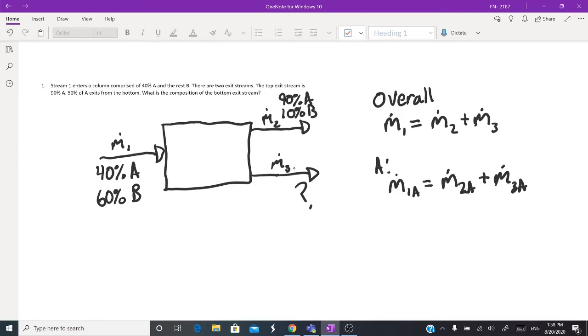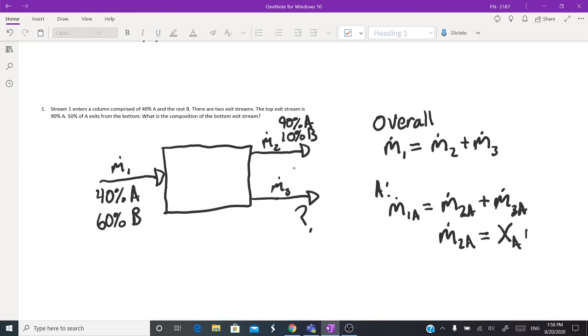And these can be written differently. M2A is the same as saying X, or the mass fraction of A, times M2.